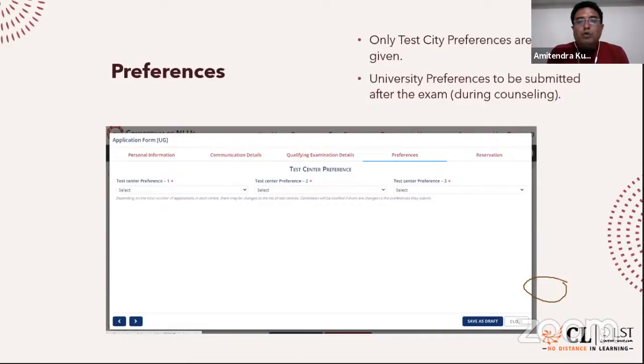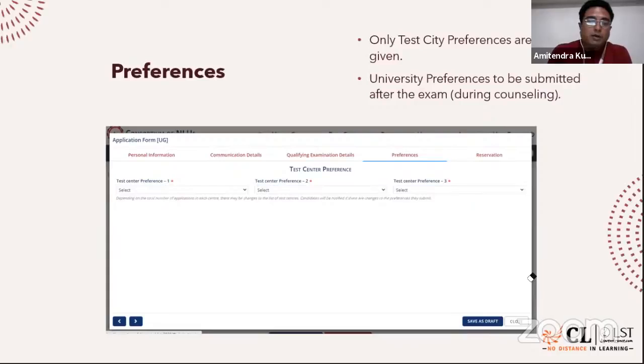Now comes the most important part of the CLAT 2020 application, and that is about university reservations. As I mentioned earlier, when you are filling details about your domicile state, you are also claiming some sort of benefit if that NLU in that particular state is providing reservations to the students belonging to that particular state.